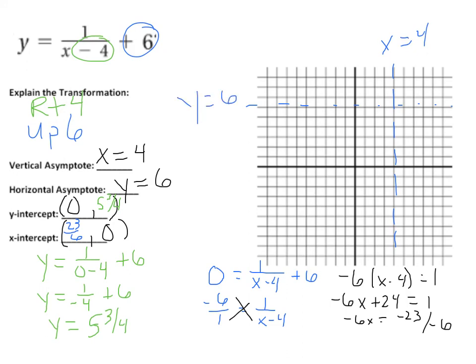And my points, 0 and 5 3/4, about right here. And 23/6, so almost 4, but not quite there, 0. And then it looks like your parent function, almost touching the asymptotes, but not really.